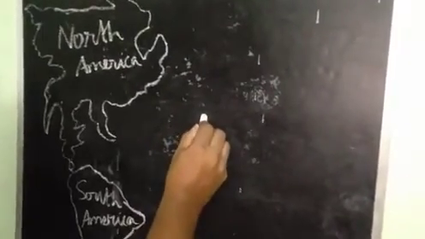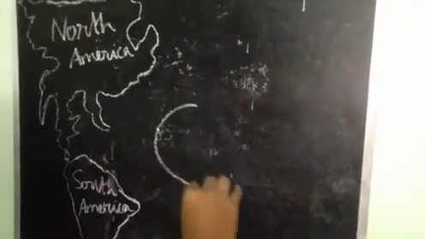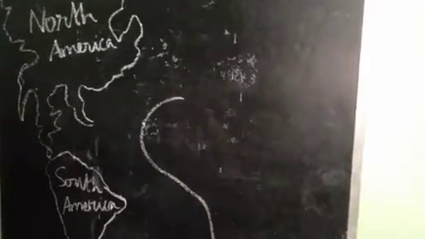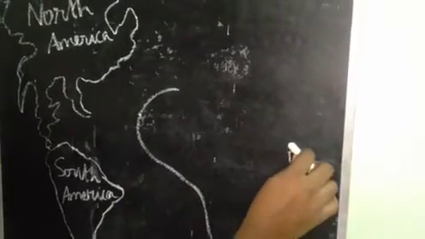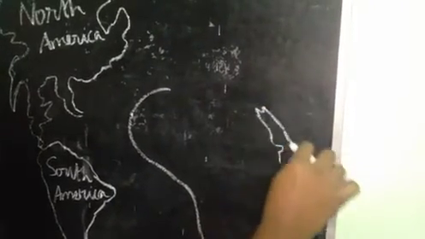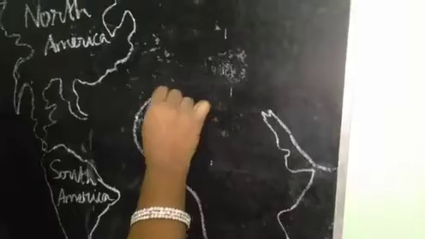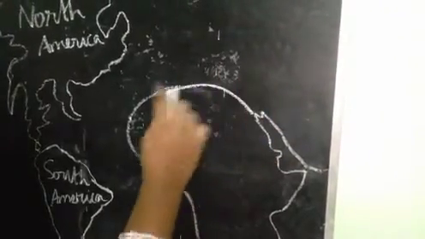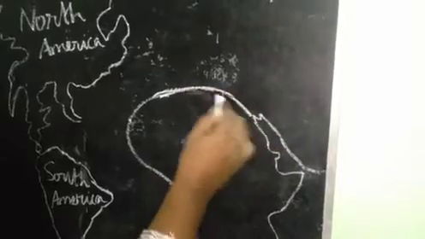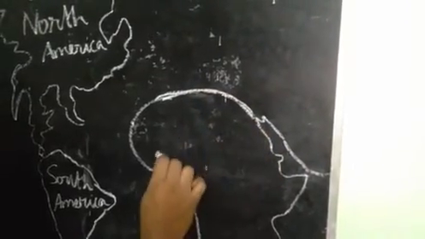Then we have Africa next to it. If I draw all the 7 continents, it will be clumsy here.